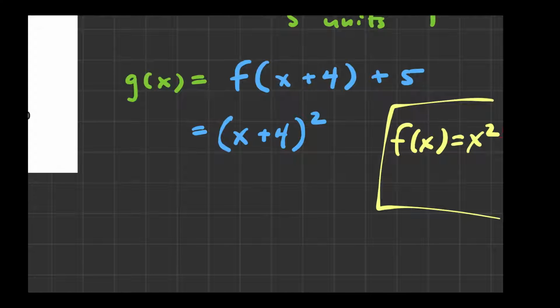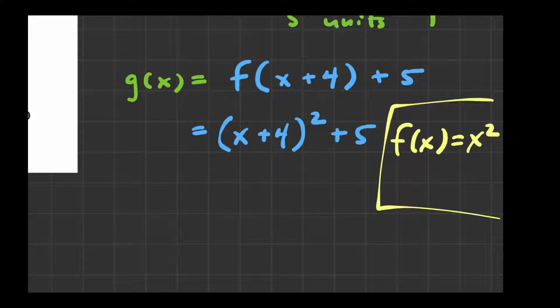If our input is x, then the output is x squared. If my input is x plus 4, then my output is x plus 4 squared. f is a function that squares whatever you put into it. So that's what happens in that first part, f of x plus 4. Don't forget that we have to add 5 to the end of it, so we have plus 5.